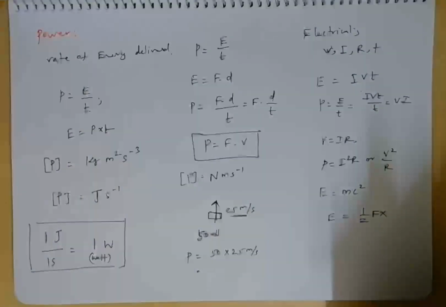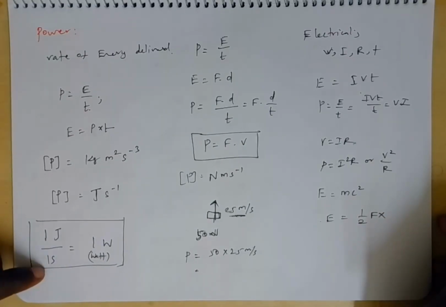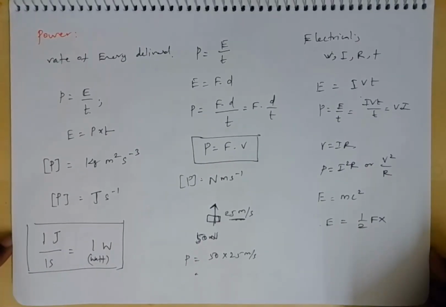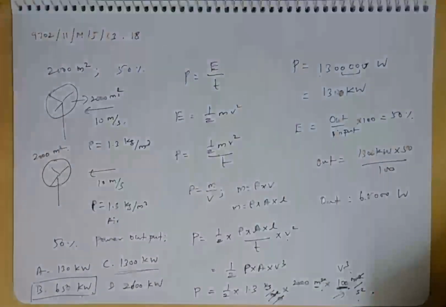What is the definition of 1 watt? 1 joule per second. So you just assume time is 1 second. It will help you a lot. Unless the time is given explicitly, if you want to find the power, you can just assume in 1 second how much energy is transferred. That's the question. So you just find the energy transferred per second, that is power. Is it clear, sir?